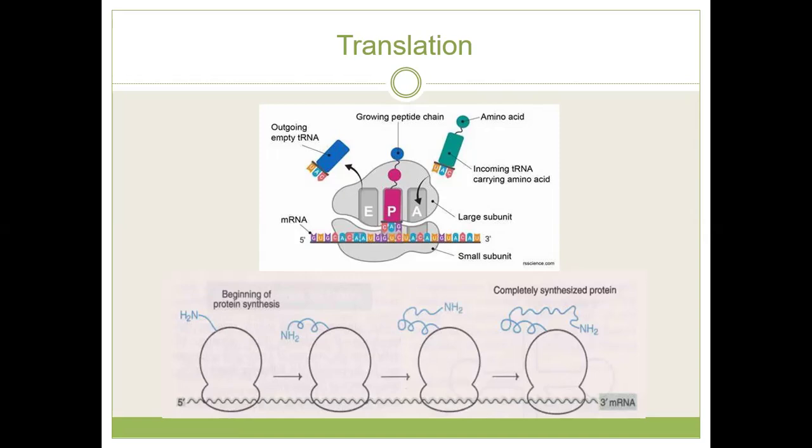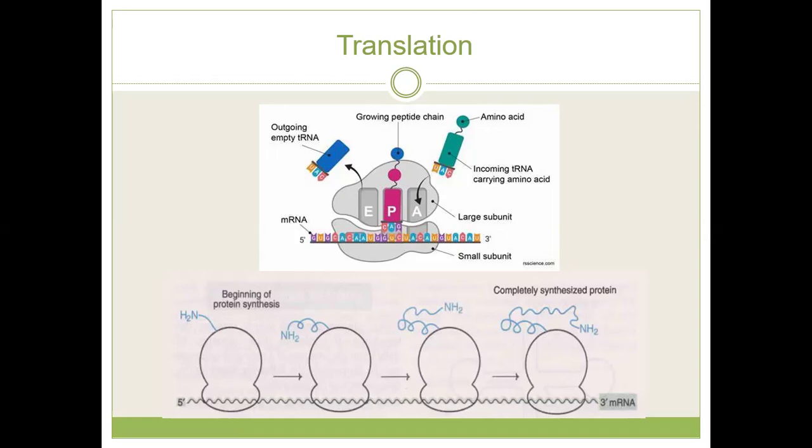But how does one protein differ from another? It is the composition of the amino acids and the sequence of how they are arranged: which one comes first, which one second, which one next, and how many there are. The number of amino acids in one protein could differ from the number in another protein.